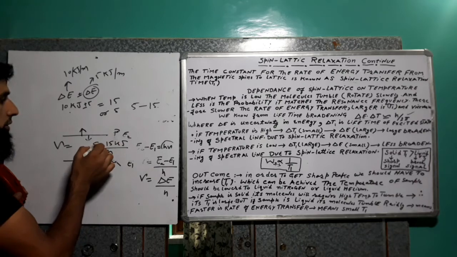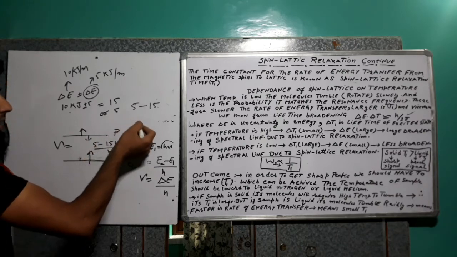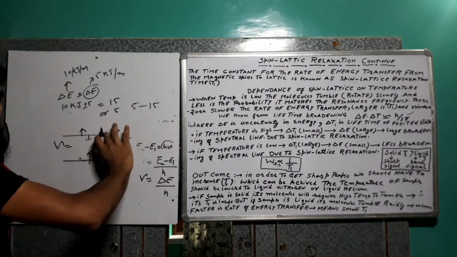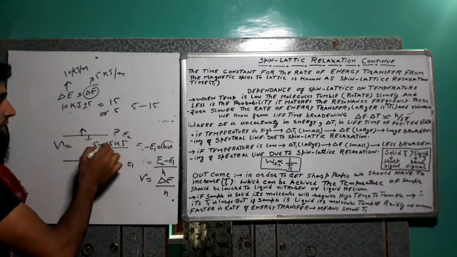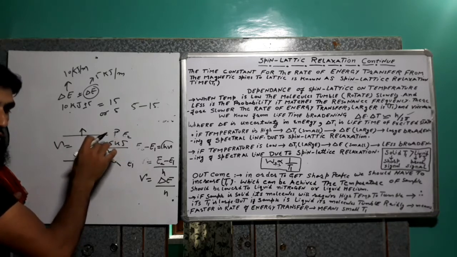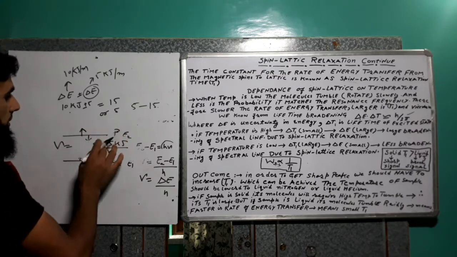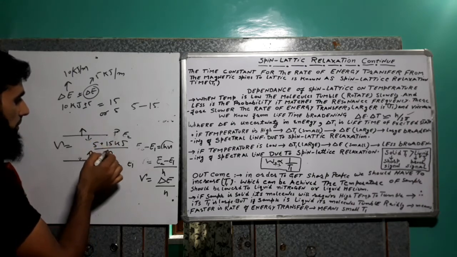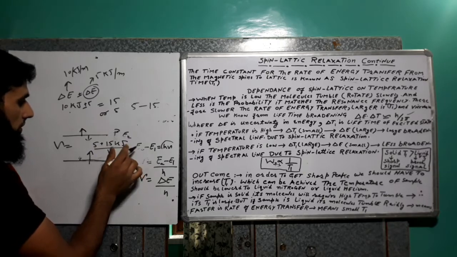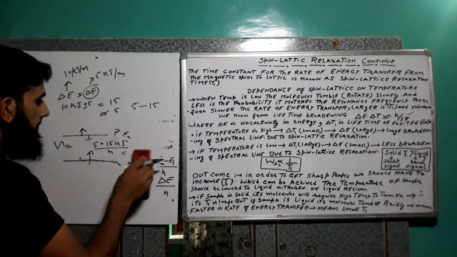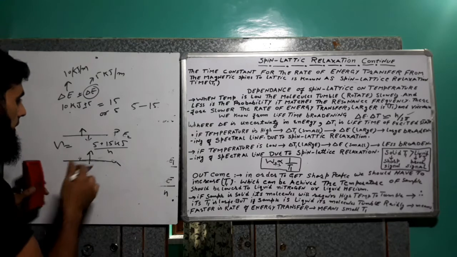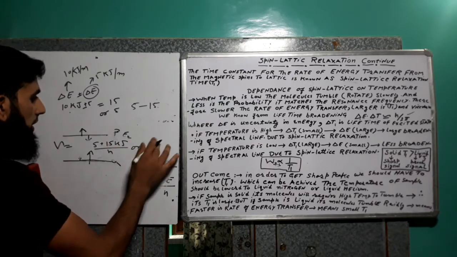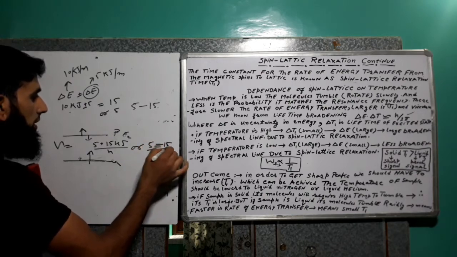If we give the value 5 minus 15, one value divided by h comes. The energy difference can be 5 plus 15 divided by h, or 5 minus 15 divided by h.